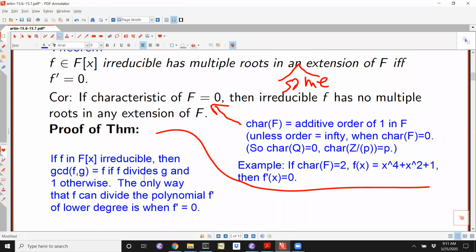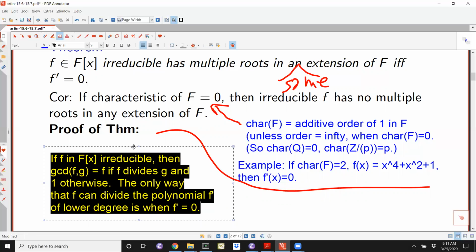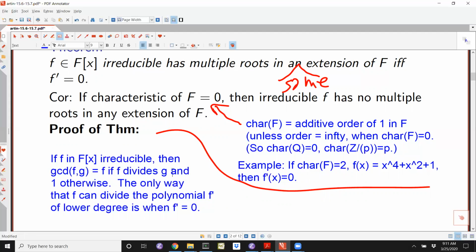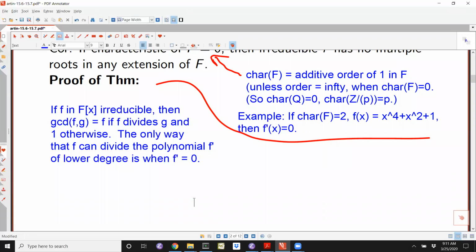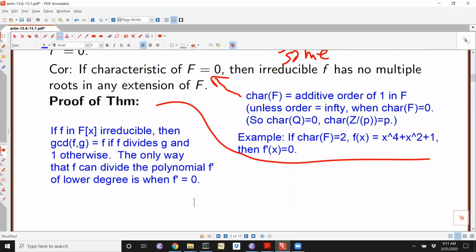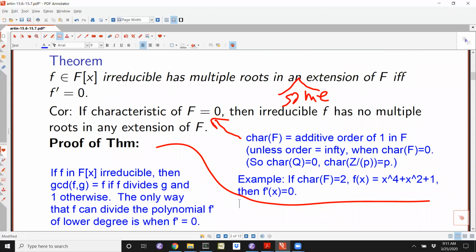Well, the only way then that you can get the GCD of f and any other polynomial not equal to 1 is exactly in the case where f divides that other polynomial, and the only way that f can divide f prime, because f prime has lower degree, is when f prime equals 0. Anyway, the proof of that isn't so important, especially now that I've sort of done it.